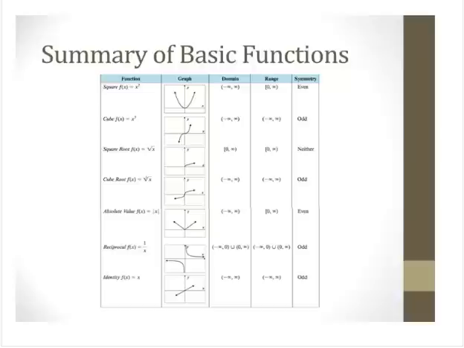So we've already discussed the domain and the range in the graph. So the things that you might want to add, you might want to go back to those graphs that we did earlier and note that x squared is even, x cubed is odd, the square root function is neither, the cube root function is odd. The absolute value function is even. The reciprocal function is odd. And the identity function is odd.